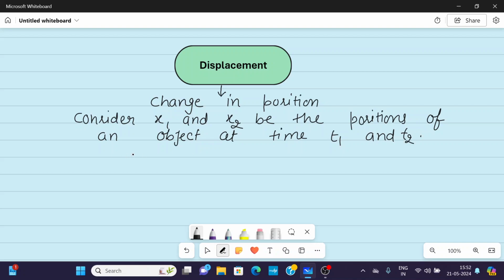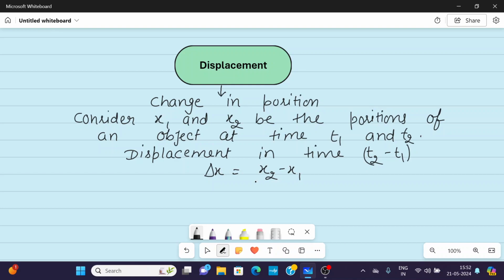And the displacement of that object in time t2 minus t1 is given by delta x, which is x2 minus x1. This delta x is displacement, which is a vector quantity.